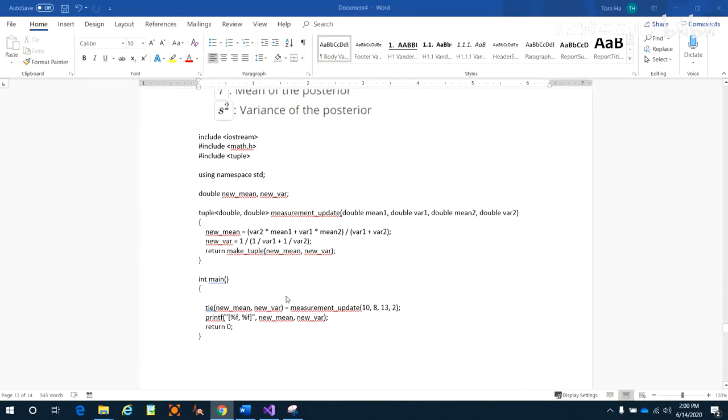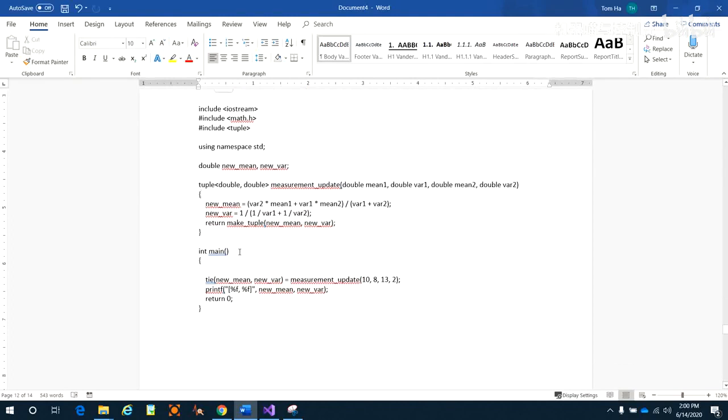And we can write some small code in C++ about how to get that value. I think it's really basic. You already know it. You look at it and you know it, and I don't want to talk so much about it. You remember we include a tuple. A tuple lets you return two values at the same time. You have to include tuple, right?